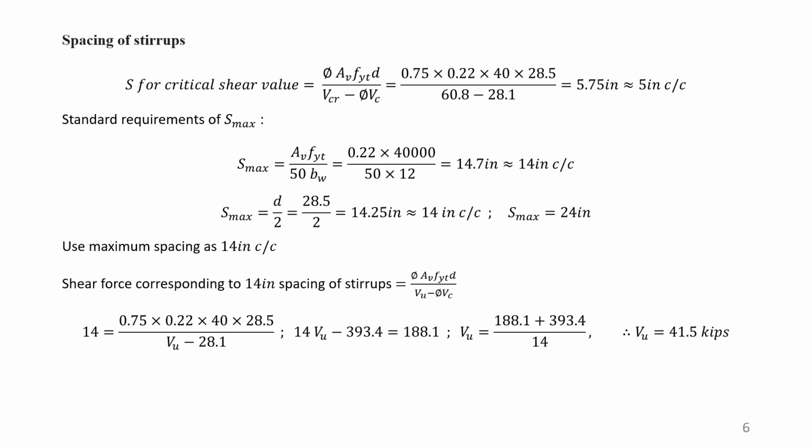For this 14 inch spacing of the stirrup, how much shear force will be required, keeping all the dimensions the same? Here 0.75 is phi, 0.22 is Ab, 40 is Fyt, 28.5 is d, and Vu is the unknown shear force, and the concrete section can take 28.1, which is the value at the bottom of this equation.